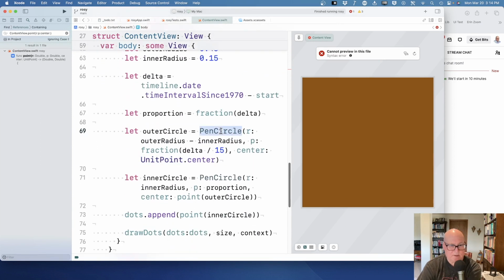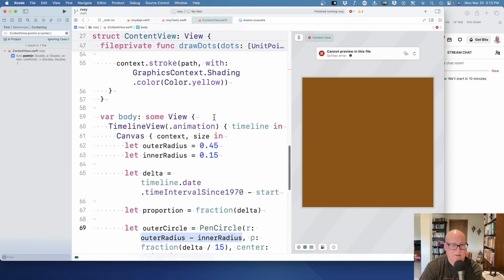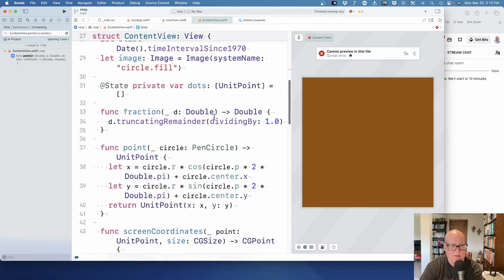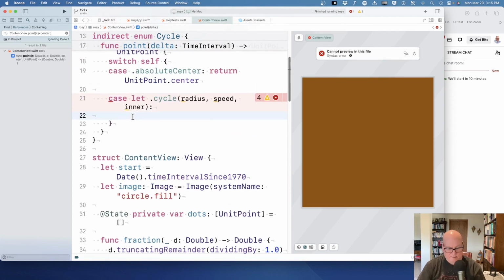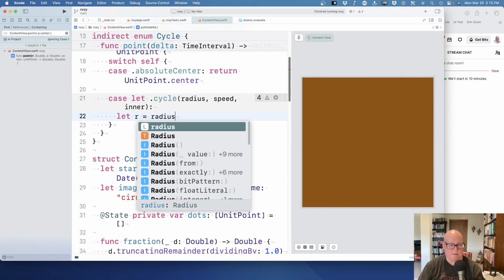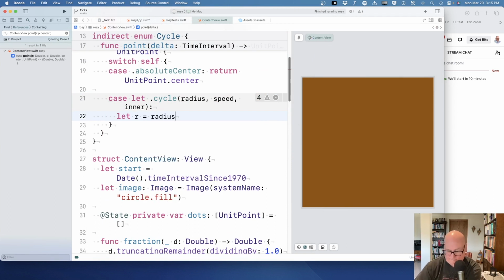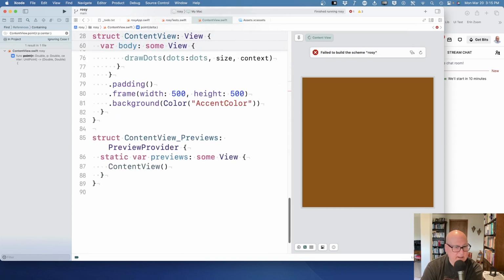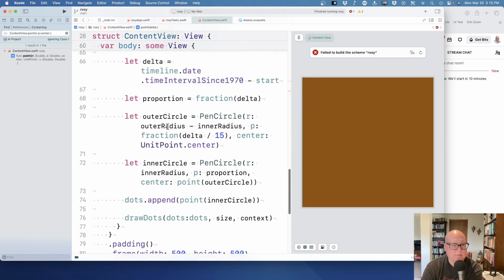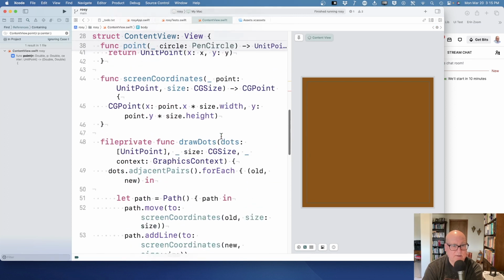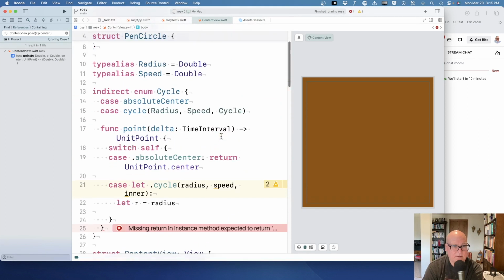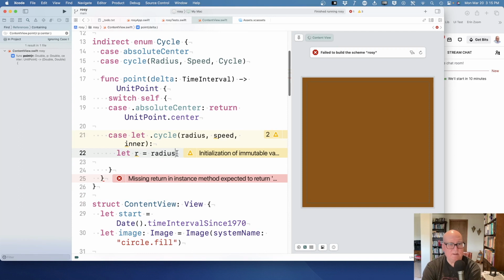For the outer circle, I think we have to configure it with the inner radius, outer radius. Okay, so I think let's do this. Let r equal radius. And next is P, the fraction of delta divided by its time scale. Let's say speed.